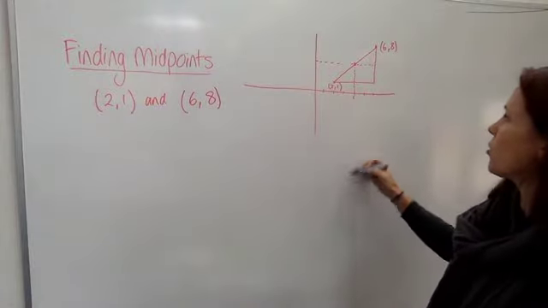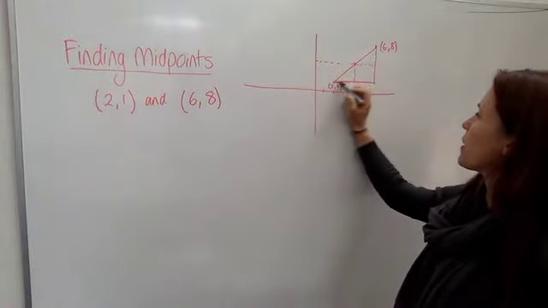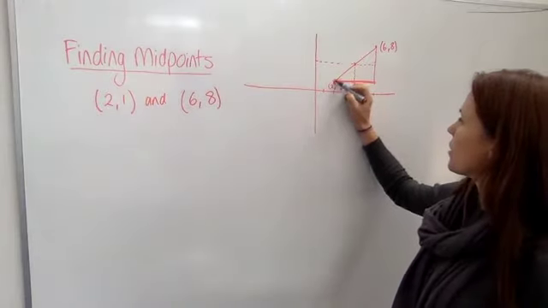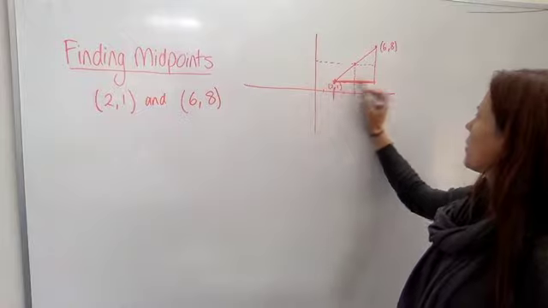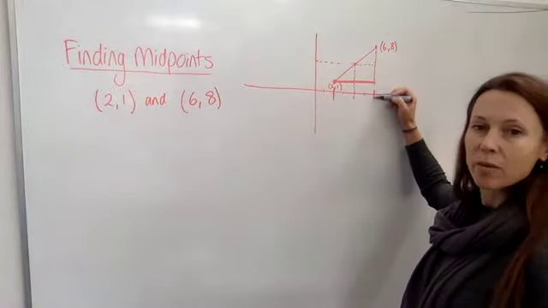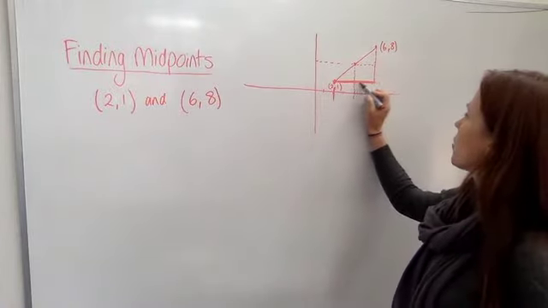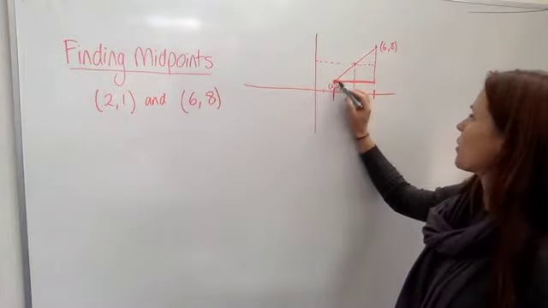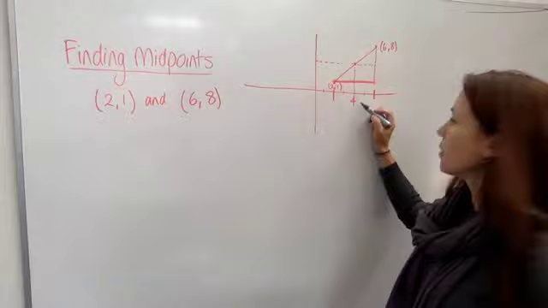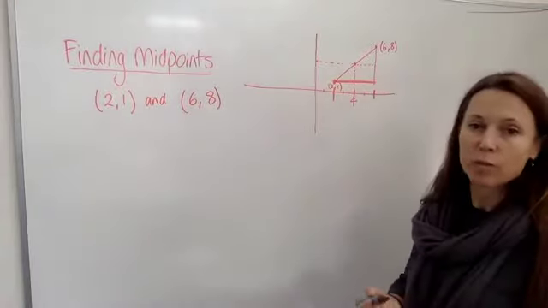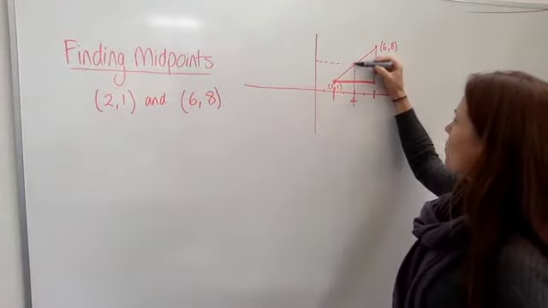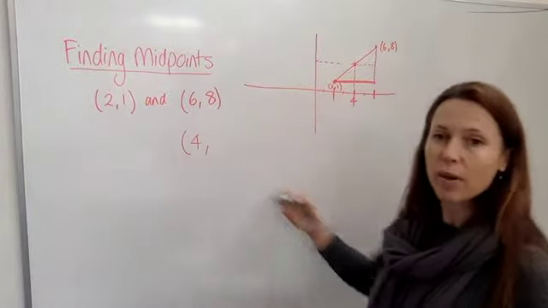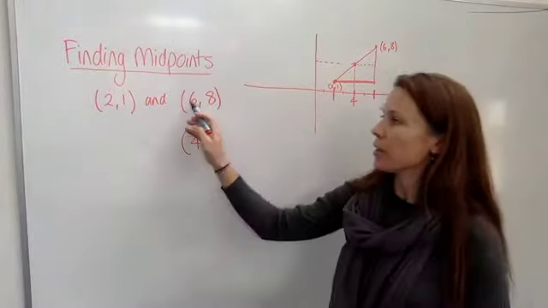If you're looking at how far apart these two points are horizontally, this one is across at the 2, and this one is across lining up with x equals 6. This triangle is 4 units wide, and so it makes sense the midpoint is going to be across 2 units here at x equals 4. So this point will have the x value of 4 because that's halfway between 2 and 6.